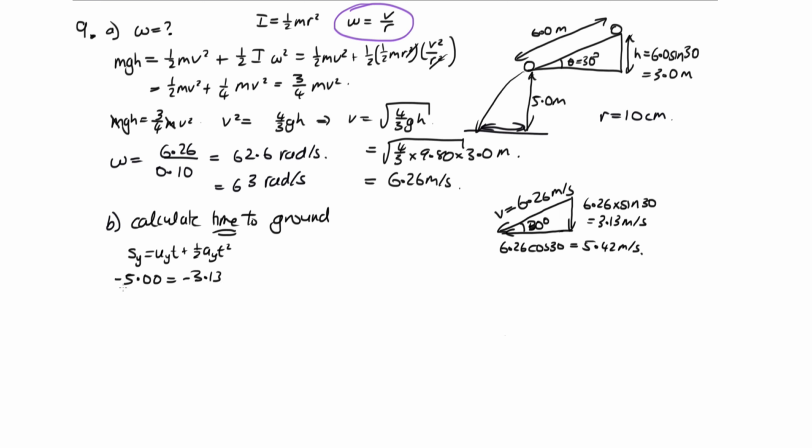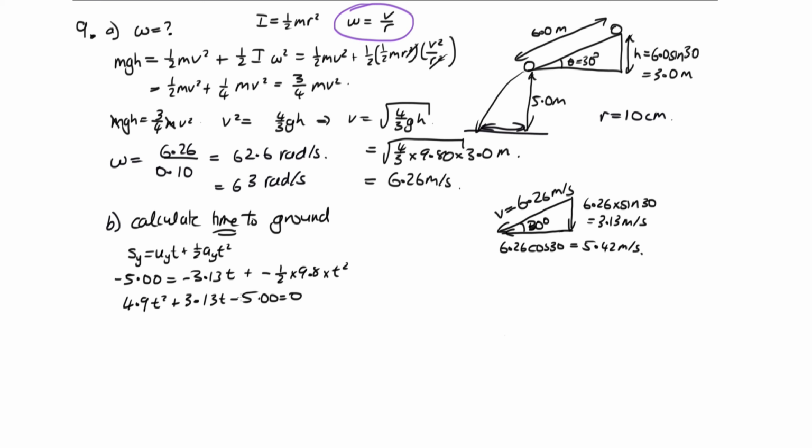Then the minuses here all represent that it's going downwards, plus 9.8, that's downwards, so this will be a half times 9.8 times t squared. So we can rearrange this and write, well, 4.9 t squared plus 3.13 t minus 5 equals 0. So we can now solve this to get time.